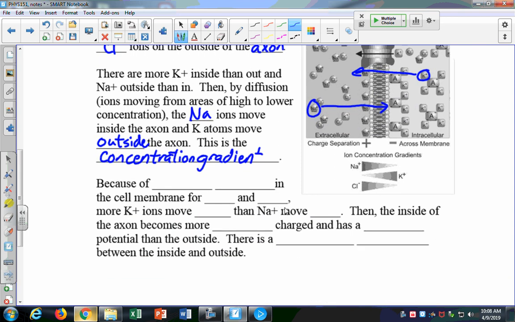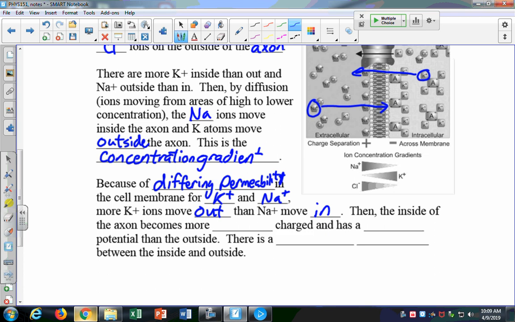Because of differing permeability in the cell membrane, for potassium and sodium ions, the membrane is more permeable for some than others. You get more potassium ions moving out than sodium ions moving in.